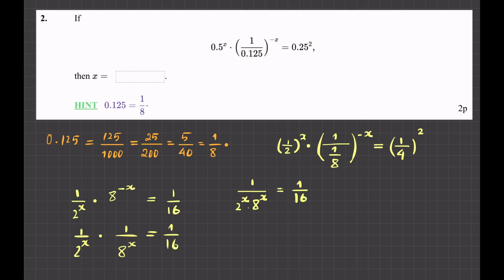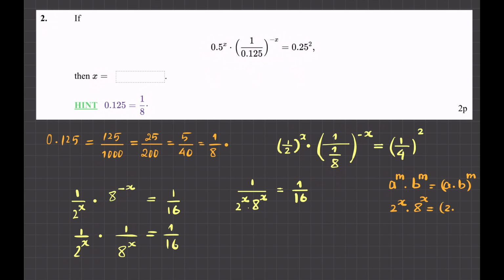But do you remember this formula? We have a to the power of m times b to the power of m. Whenever I have two powers and I want to multiply them, if the exponents are the same, I multiply the bases and then write the exponent. So 2 to the x multiplied by 8 to the x, I can do the same.